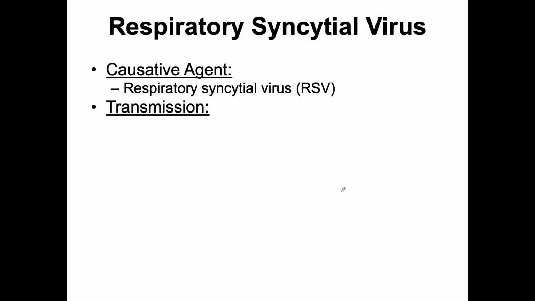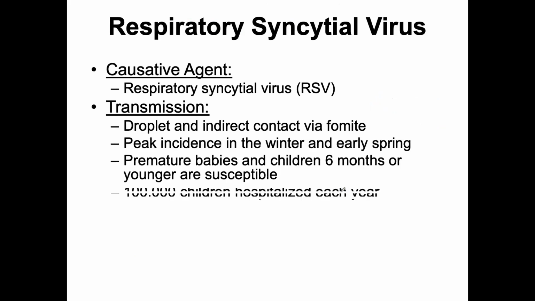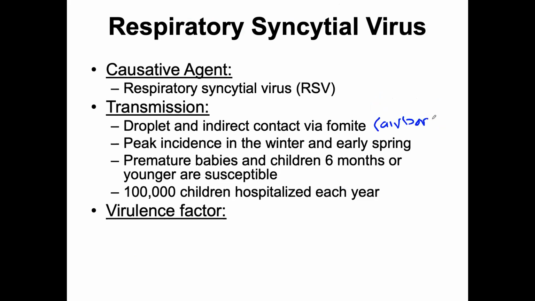Respiratory syncytial virus is, again, spread airborne or by fomite. You get a lot of colds and flu and respiratory infections in the wintertime. And the reason for that is because you're indoors more often.